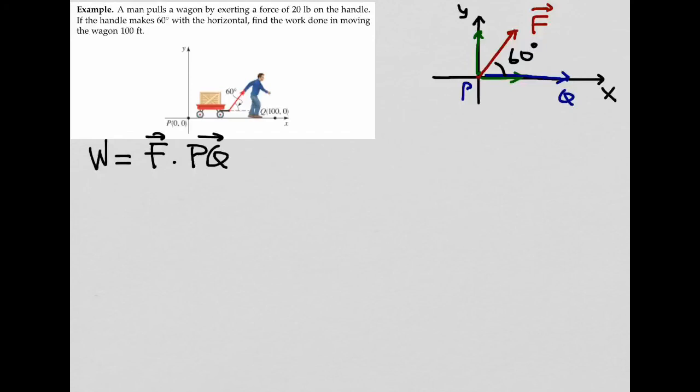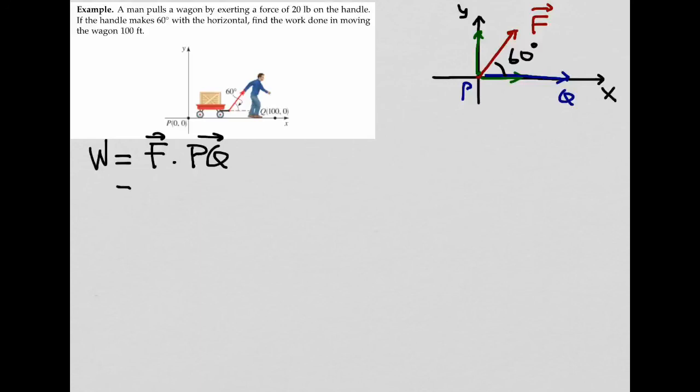We know the force F has magnitude 20 pounds and direction angle 60 degrees, so we can decompose F into its x component and y component. These are the vectors illustrated in green in the figure on the right.